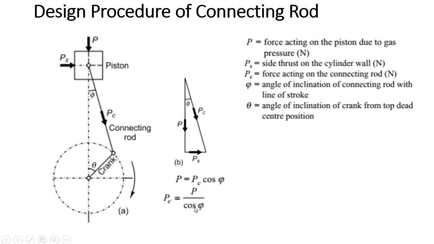But the maximum force that can be transmitted from the piston gas pressure to this connecting rod is when cos phi becomes 1.